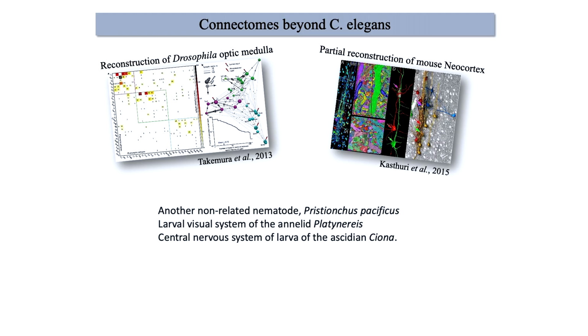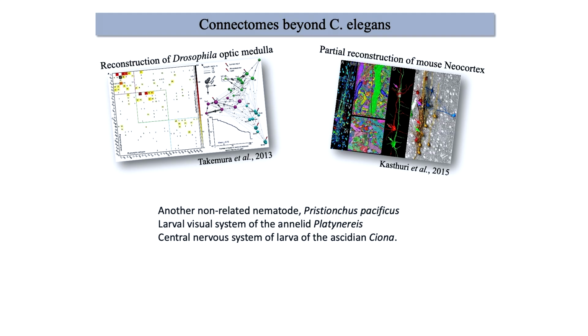We have a full connectome of that, and now you can compare how two nematodes that are evolutionarily separated by millions of years, how their blueprint has stayed conserved or diversified. And you also have some other invertebrates, as well as a small chordate, Ciona intestinalis, the whole nervous system of that.